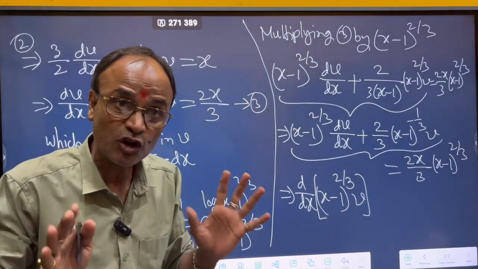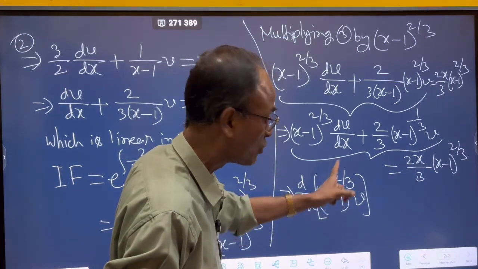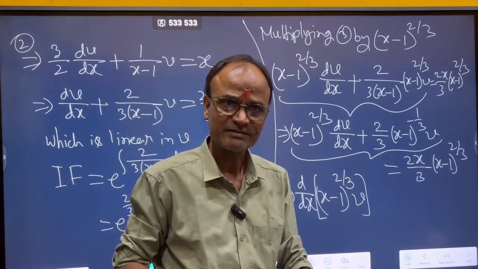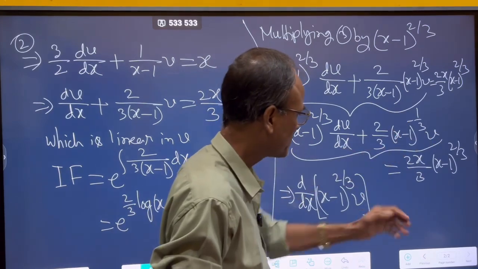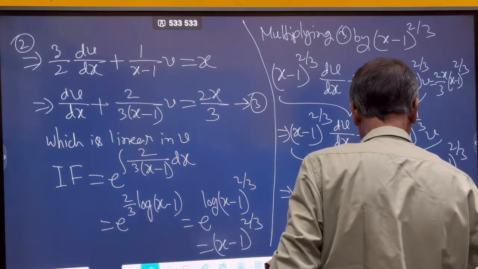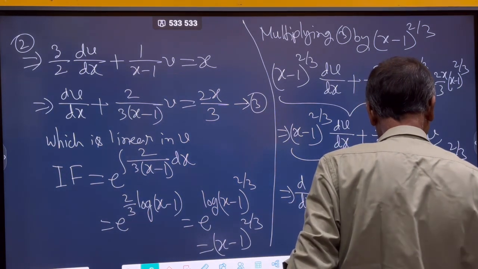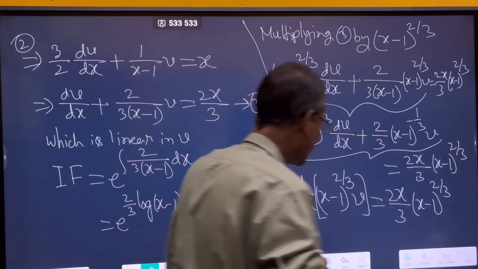What is the differentiation of x minus 1 whole to the power 2 by 3? It is 2 by 3 x minus 1 whole to the power minus 1 by 3. This is equal to twice x by 3 x minus 1 whole to the power 2 by 3.